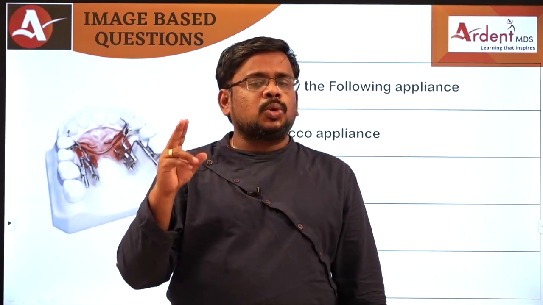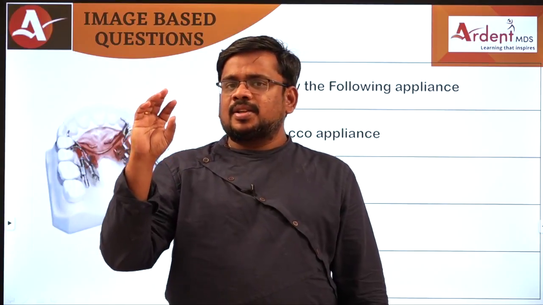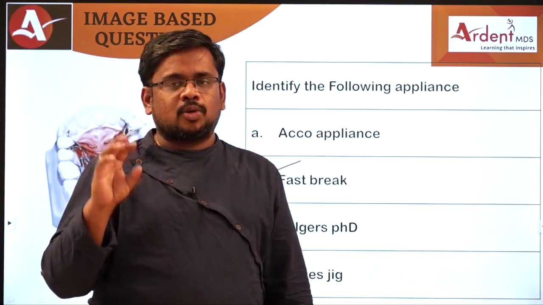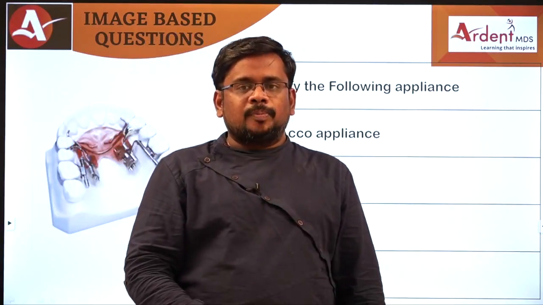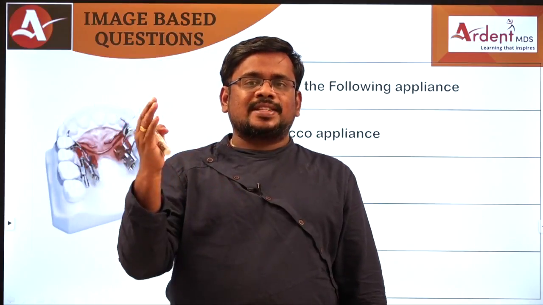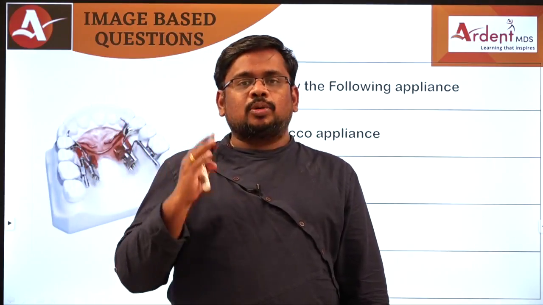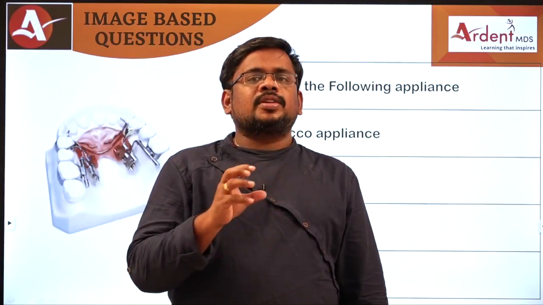There are two types of appliances used for distalizing the molar. One is extraoral, the second is intraoral. What appliances act as extraoral distalizing of the molar? High pull headgear, low pull headgear, combination pull headgear.